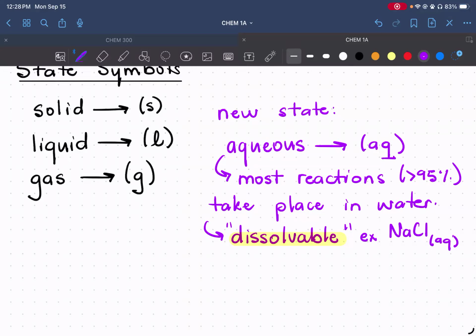This is written as a subscript, so the bottom right corner. Compare this to something like magnesium, and I'm talking about a strip of magnesium metal. A strip of magnesium metal would not dissolve in water, so it is simply given solid.